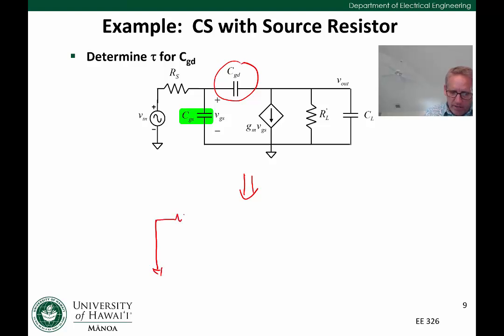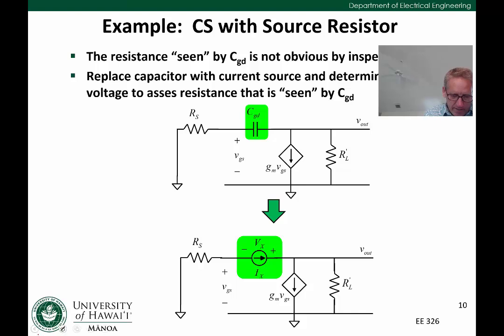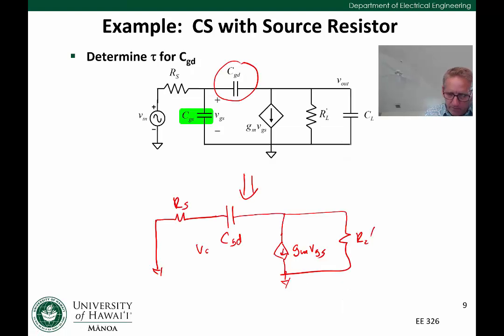We're going to have RS. CGS is going to open, but we are going to have CGD. This is GM-VGS and RL prime. And VGS now is the difference in these two voltages.